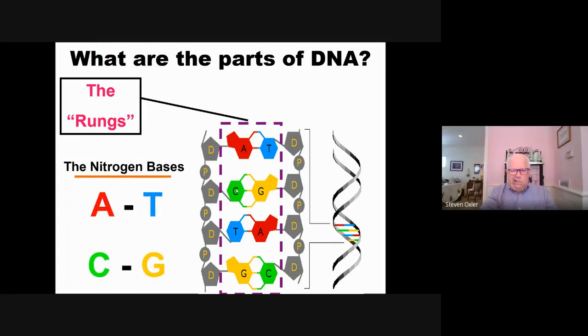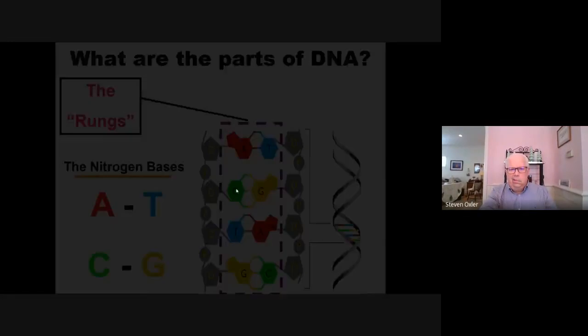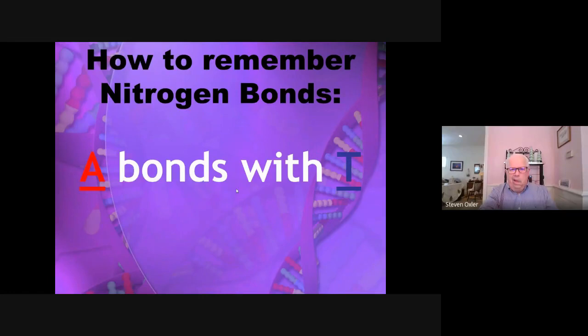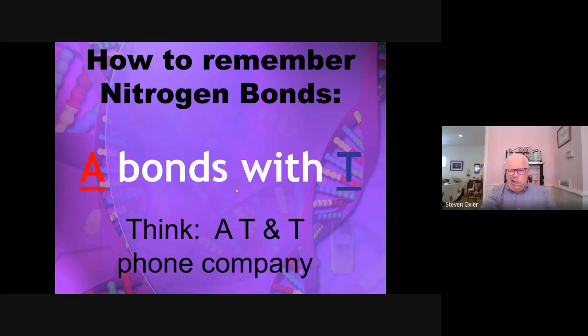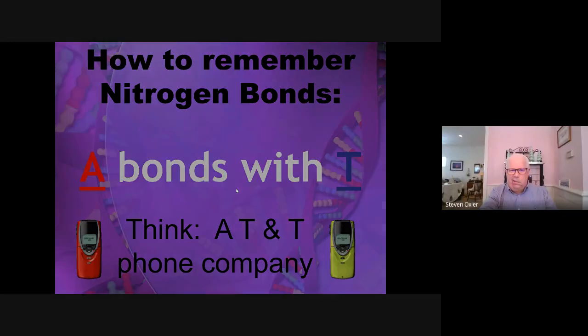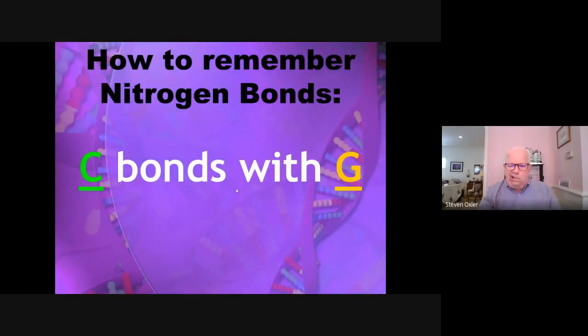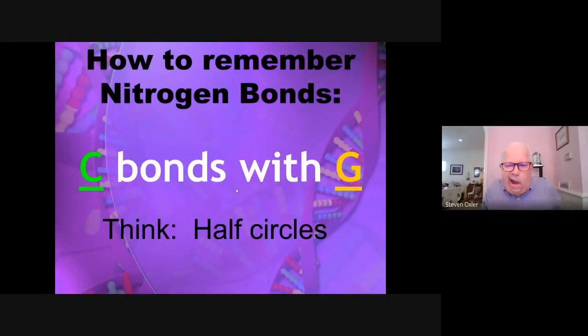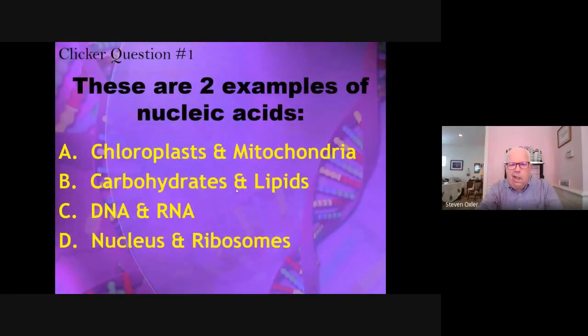A is always with T, C is always with G. How to remember nitrogen bonds? A bonds with T. Remember AT&T, the phone company. They're always together. C and G, remember half circles. So those are always together. A and T and C and G are always together.